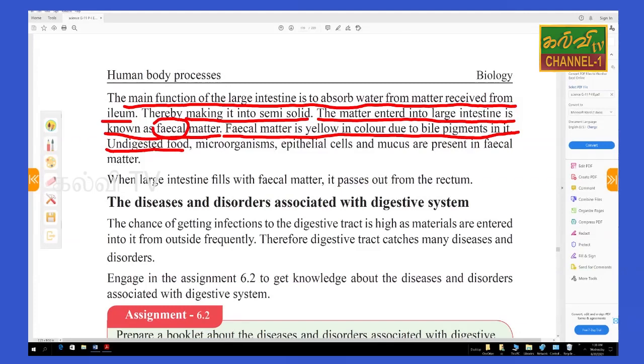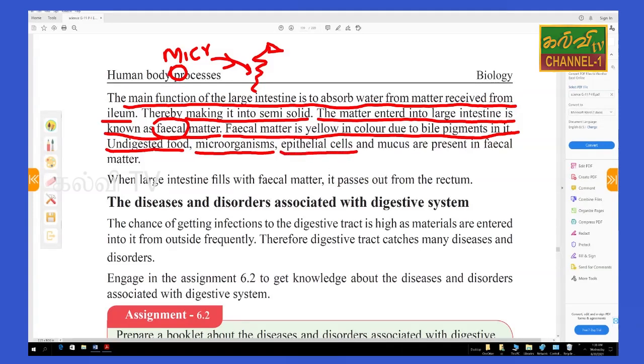Undigested food, yes, possible. Microorganisms, yes, when we eat, microorganisms are also possible to have there. Our intestine or the digestive system also has many microorganisms. Then epithelial cells.